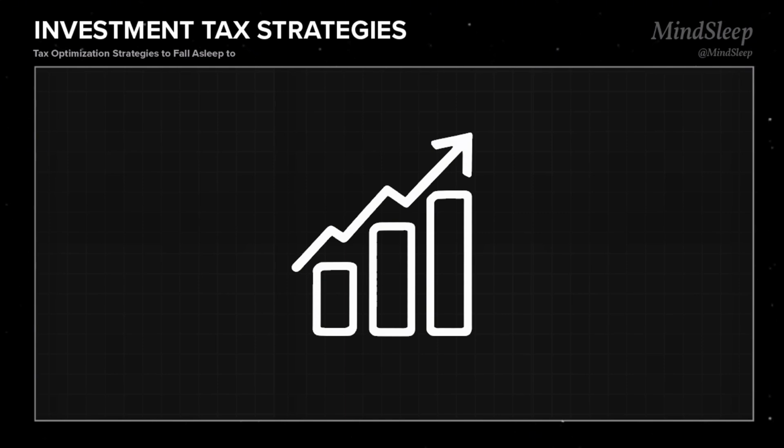The second, held for 13 months, could be taxed at the long-term capital gains rate of 15%, leading to a tax of only $750. This simple timing decision could save you $850 in taxes.